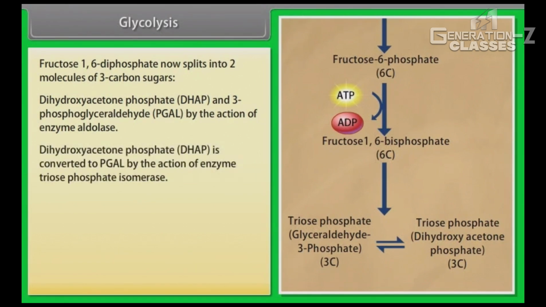Dihydroxyacetone phosphate DHAP is converted to PGAL by the action of enzyme triose phosphate isomerase.